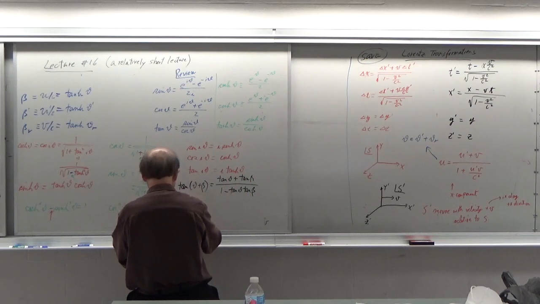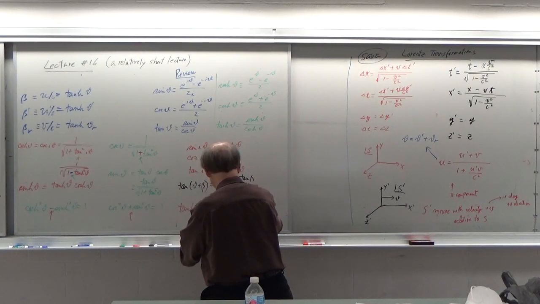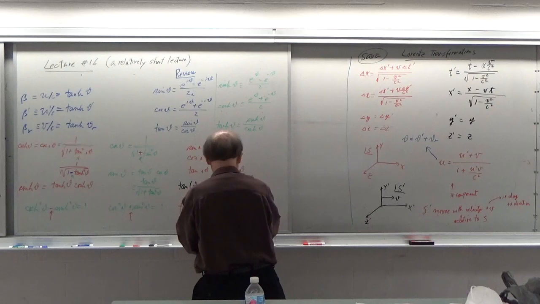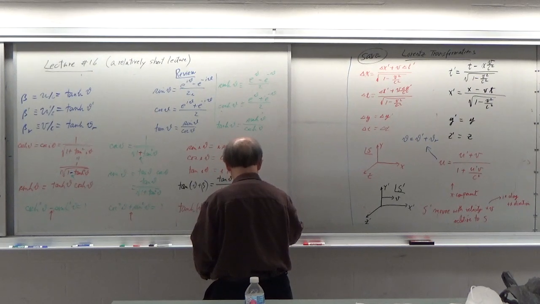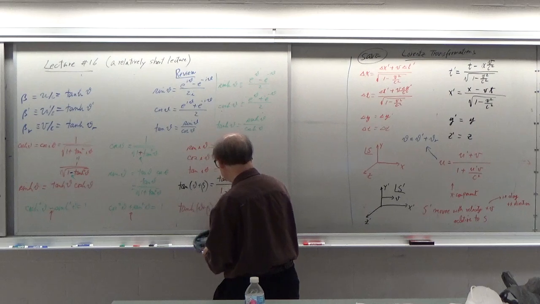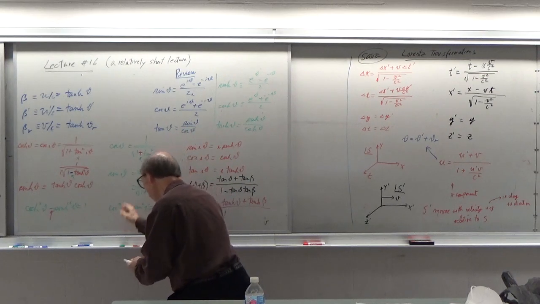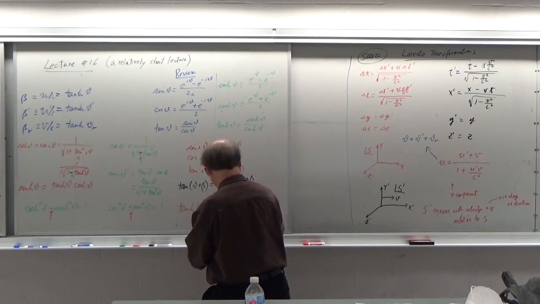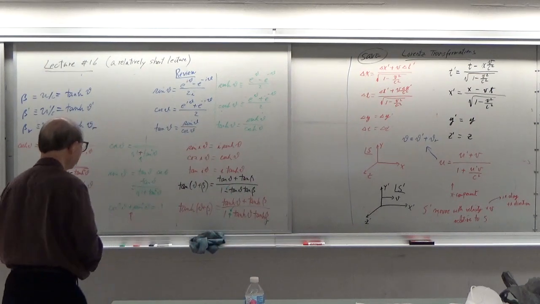So you will get tangent of theta plus beta is equal to tangent theta plus tangent beta over 1, instead of minus, we have plus, of tangent theta tangent beta.